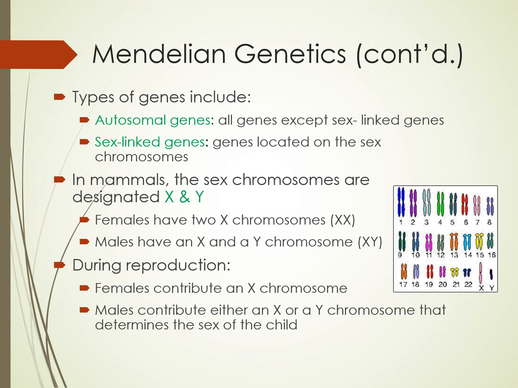So during reproduction, because I'm a female and I have two X chromosomes, the female is going to contribute an X chromosome necessarily. Males can contribute either an X or a Y chromosome. That's going to determine the sex of the child.